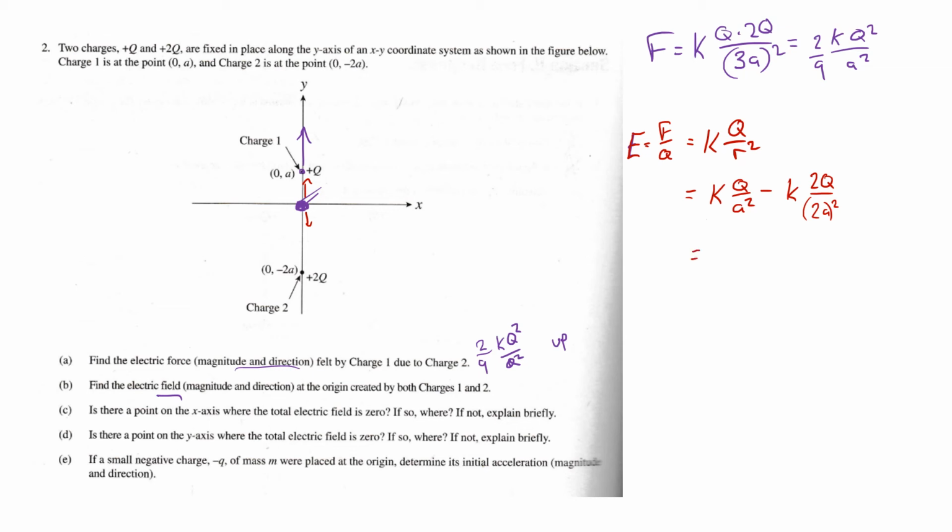So this one is going to be a KQ over A squared minus K. We're going to have the 2 and the 2 squared is going to be a 1/2. That minus that is going to equal 1/2 KQ over A squared. So wonderful.